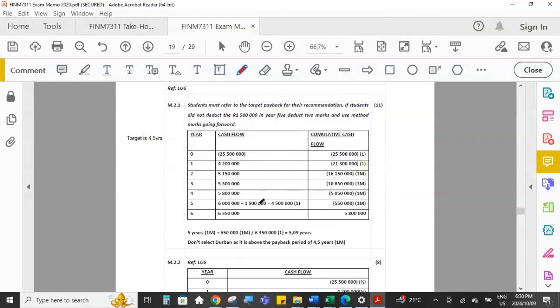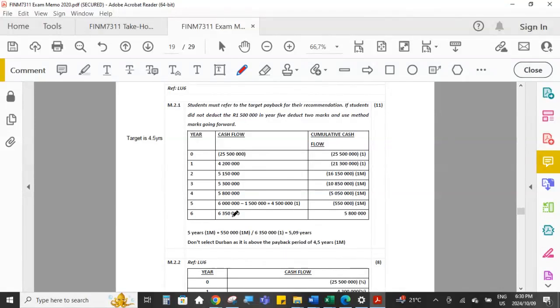Then in year 5, and remember, this is in year 5 where we had to take 6 million cash inflow, but remember to subtract that extra 1.5 million. So year 5's cash inflow is 4.5 million. When we subtract that from the 5, we're still left with a negative 550,000 at the end of year 5's cash flow.